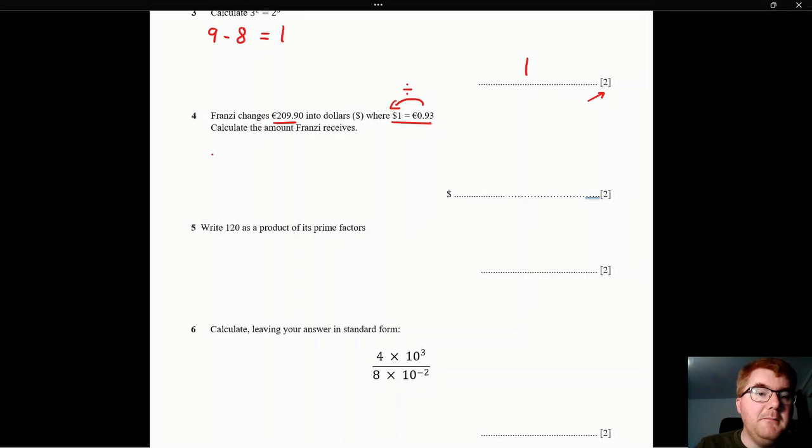So we take our number 209.9 and then we divide that by 0.93. Now before we do that on the calculator, we can always do a double check. We're expecting to get a bigger amount of money if we do $1 is equal to 93 cents. So we're expecting to get some extra money here.